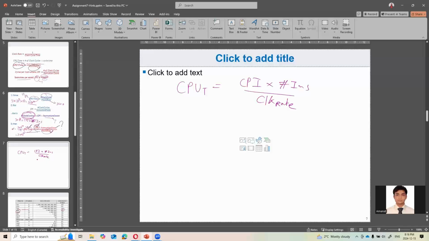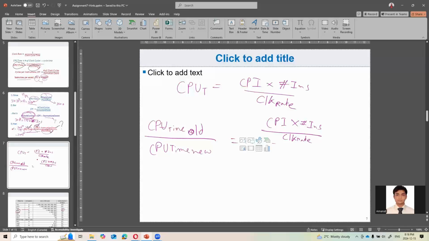So if we do it this way, CPU time new over CPU time old equals CPI old, times number of instructions, divided by clock rate old, all divided by CPI new times number of instructions divided by clock rate new. We want to find the clock rate new.